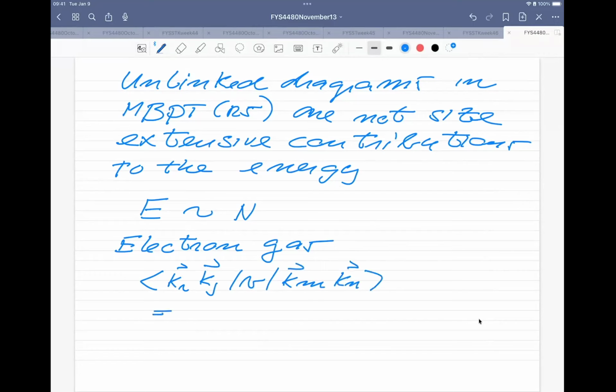And this was when we did the analysis for the electron gas. It was given by a Kronecker delta, which conserves momentum, k_i plus k_j equals k_m plus k_n. So this is a Kronecker delta. There was a volume element times 1 over V. And then we had an integral.